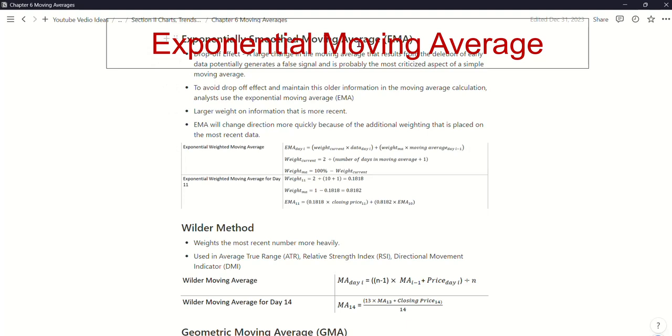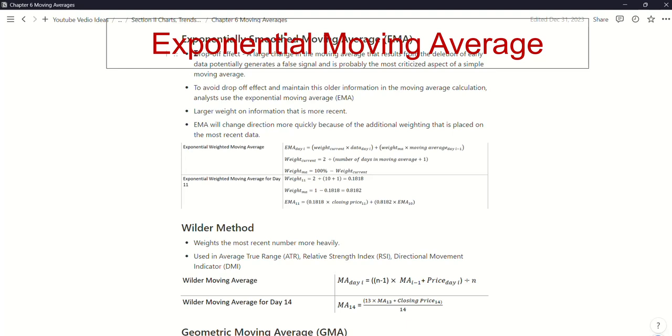When we calculate simple moving average, we have an issue of drop off effect. Meaning, when we are calculating a 10-day moving average for the 11th day or 12th day, we are supposed to drop off day 1's closing price and day 2's closing price, depending on the day on which we are calculating.